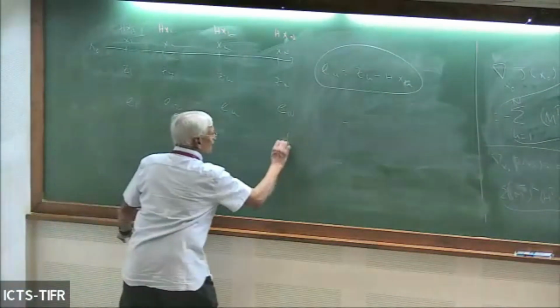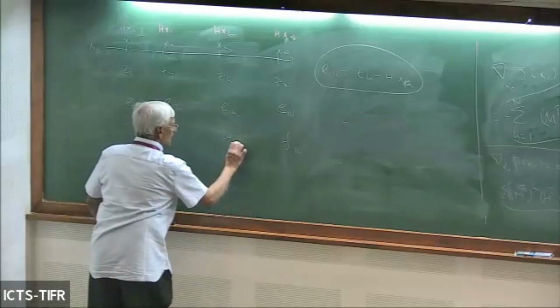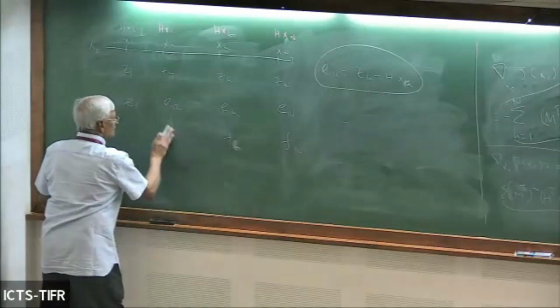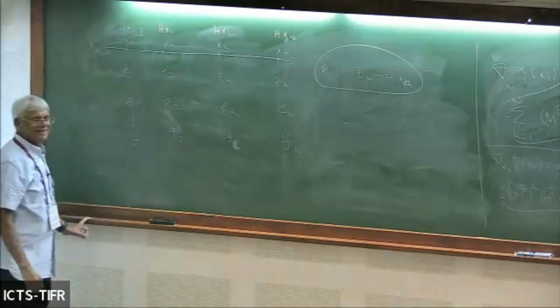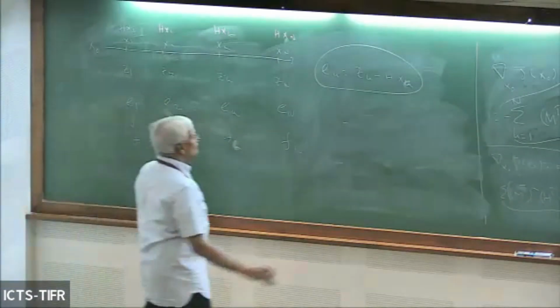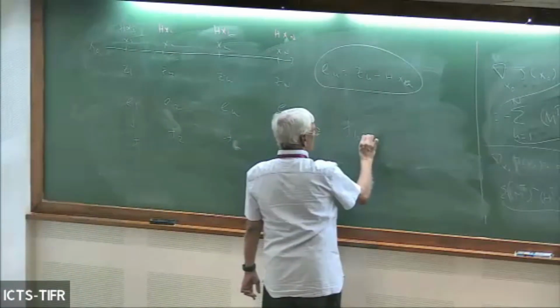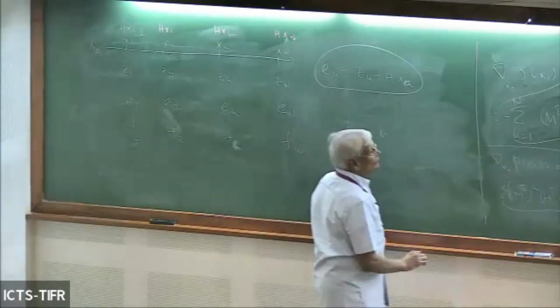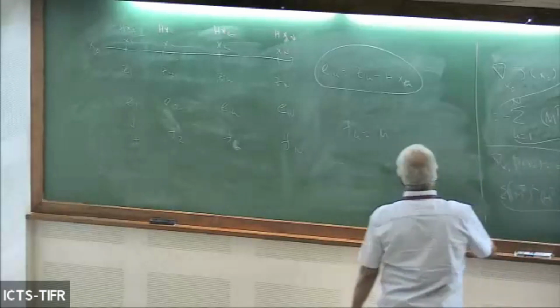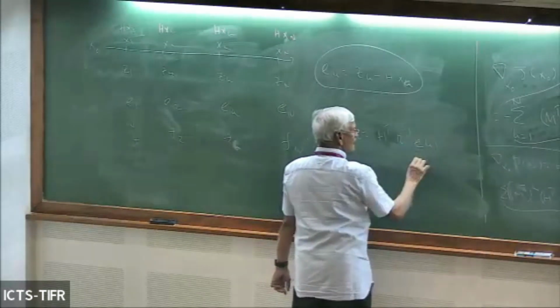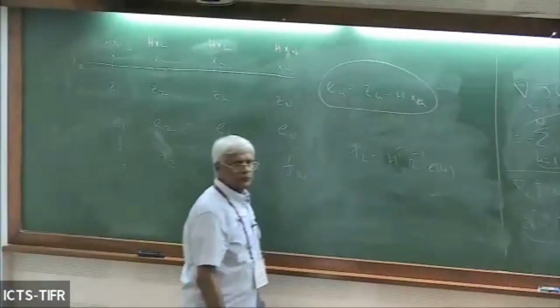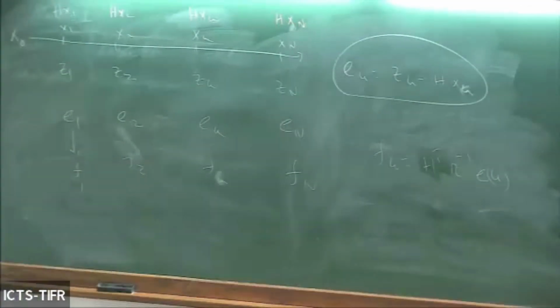Then compute f of n, f of k, f of 2, f of 1. And you know the relation between f of k and e of k. f of k is equal to H transpose R inverse ek. With me? All of you?